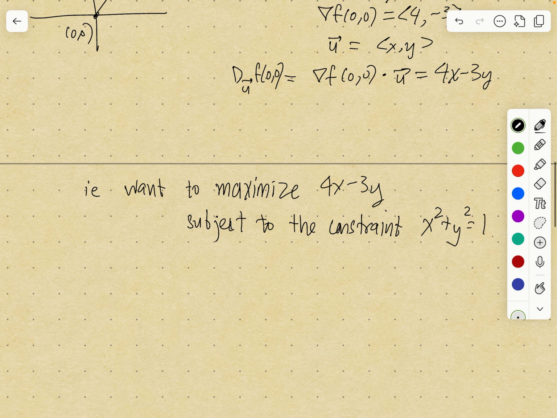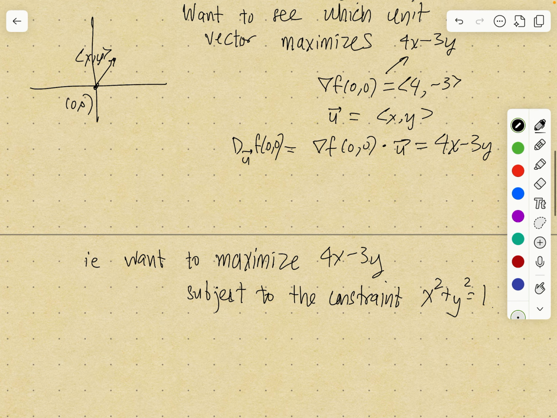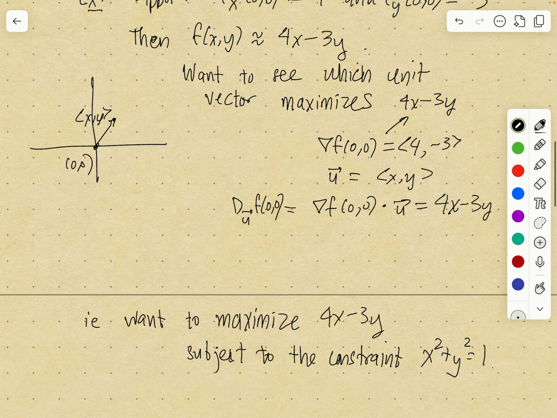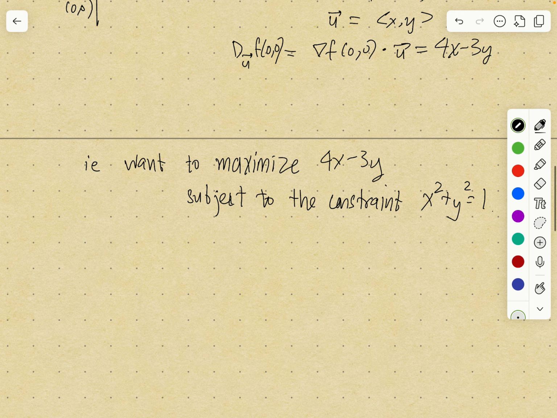Right. So I'm trying to give some intuition behind the result. We know what the result is. We know that it's in the direction of the gradient, so in the direction of 4, negative 3. But we can actually prove this result more directly.